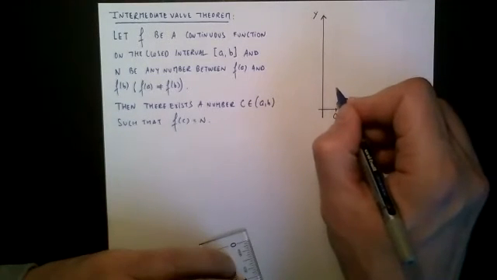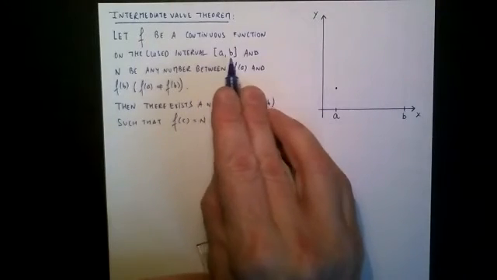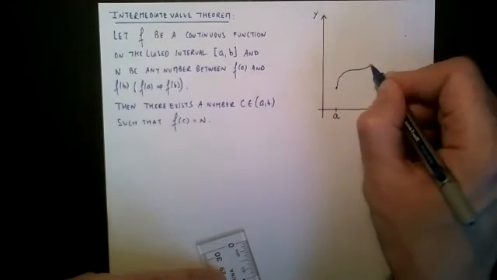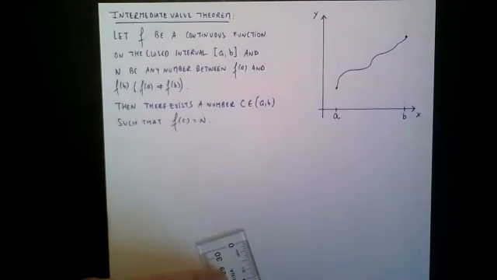So I have a function here that's from A to B. Okay, so it goes from A, let's say, to B. I don't care how it goes. Okay, like this.